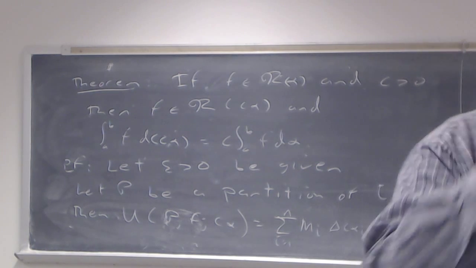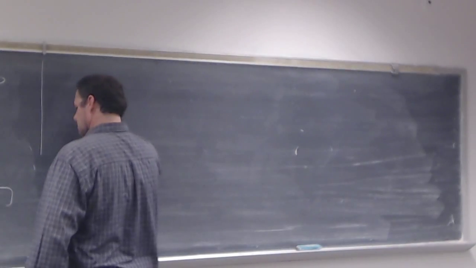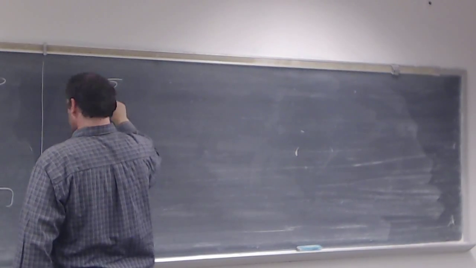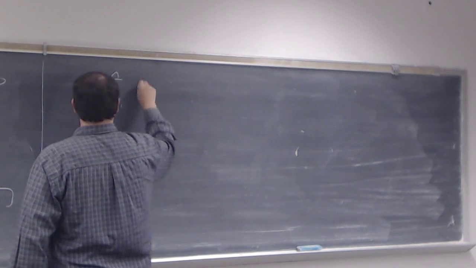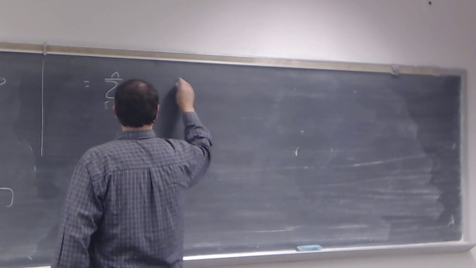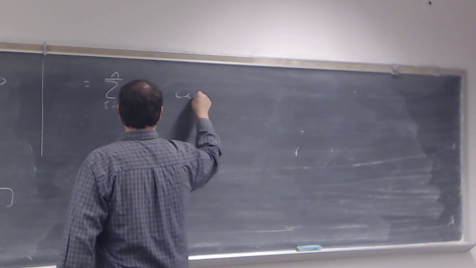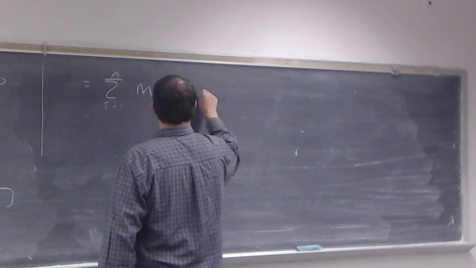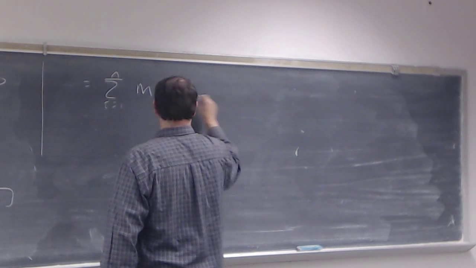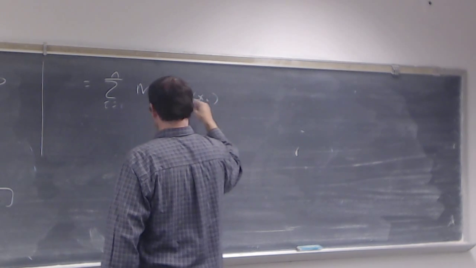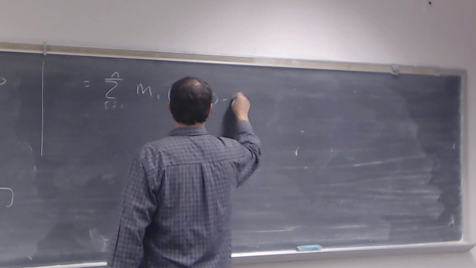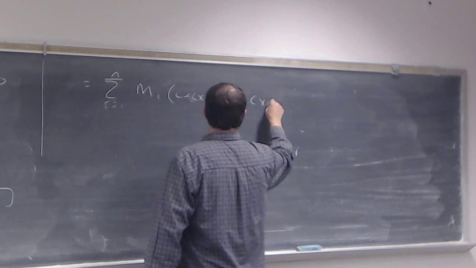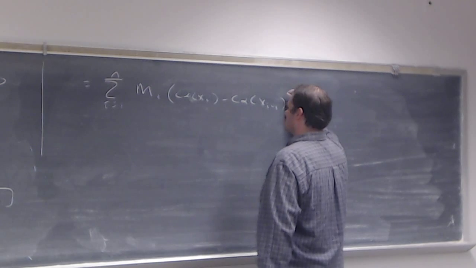Now, what's that going to be equal to? Well, that's going to be equal to the sum as i runs from 1 to n of big M sub i times c alpha acting on x sub i minus c alpha acting on x sub i minus 1.